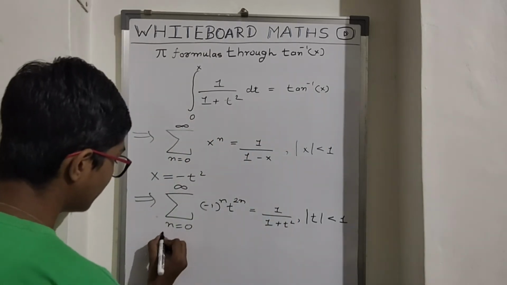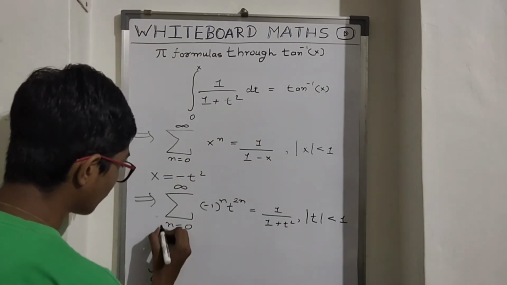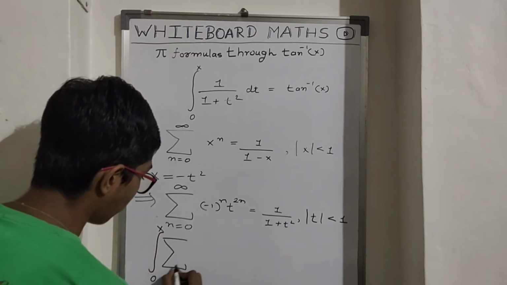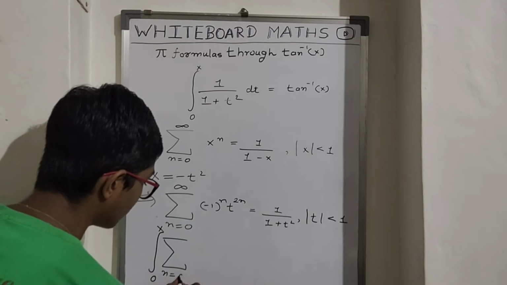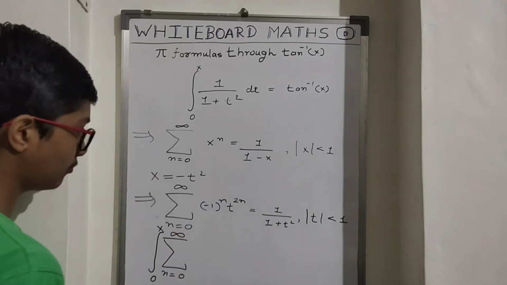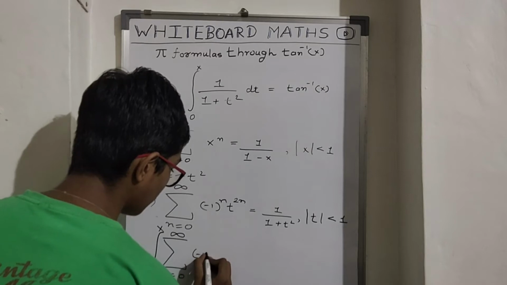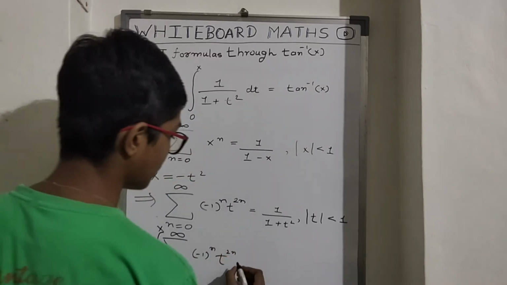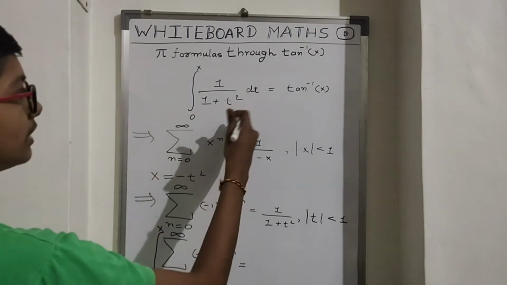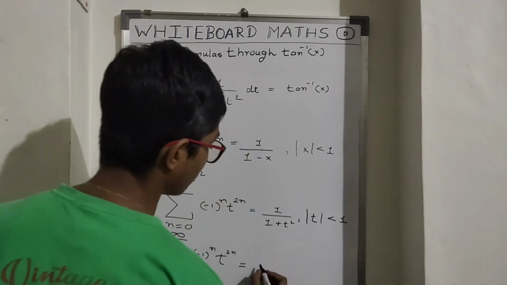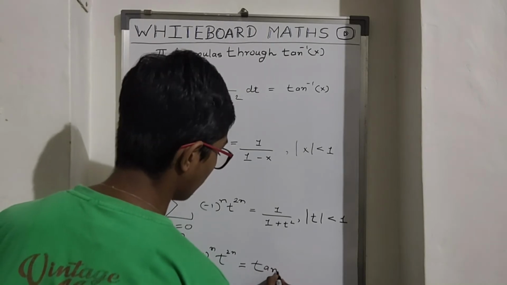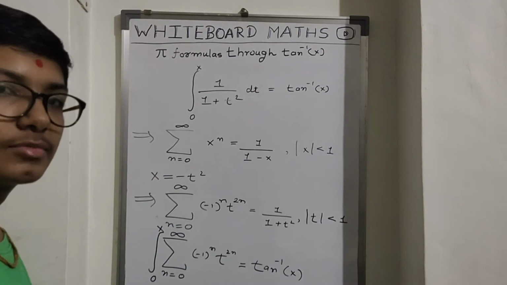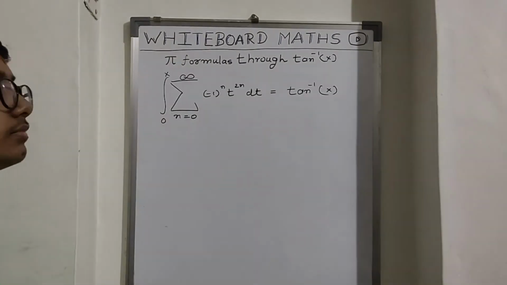So we would be left with the integral from 0 to x of the sum n going from 0 to infinity of negative 1 to the n times t to the 2n, and this will equal the inverse tangent of x. The equality will obviously stay the same, and now I will rub the board and we will continue.